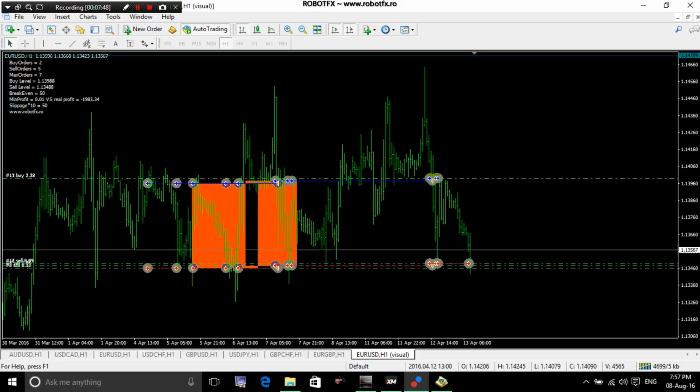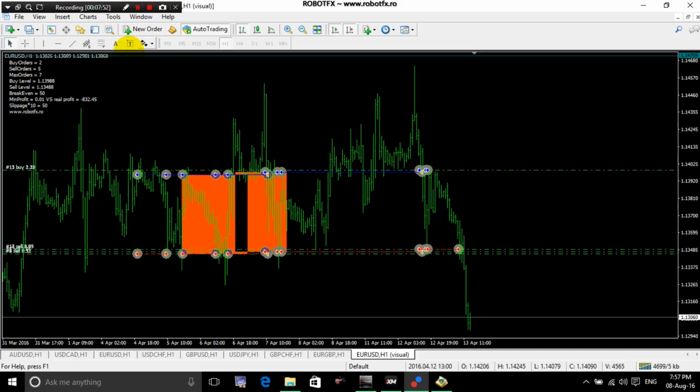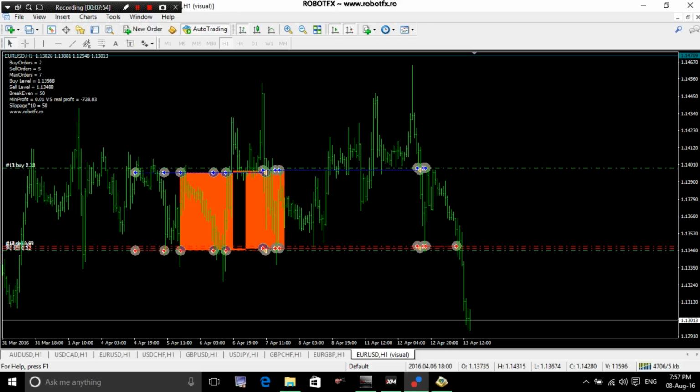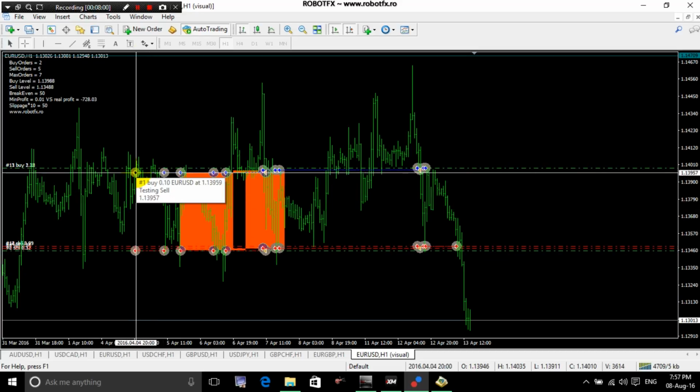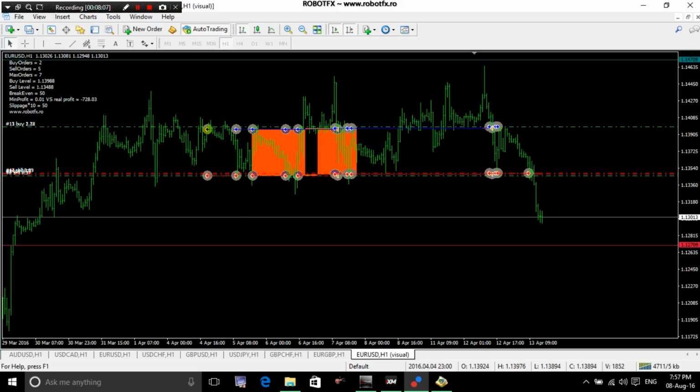Now for the new traders that don't know about hedging, well, that's it. Oh, stop. That's hedging basically. You open, instead of placing a stop loss, let's say you would have opened a buy here, well, you wouldn't have because it's a bad time to buy right here.